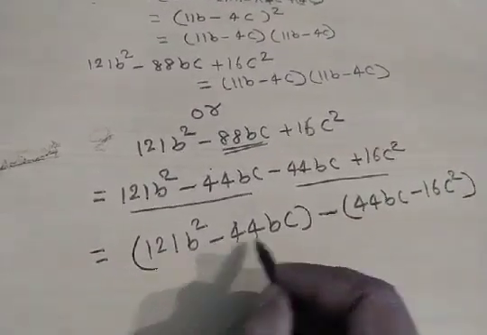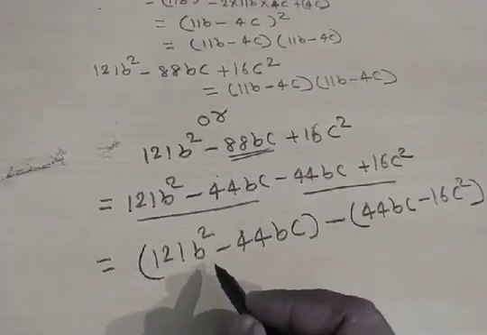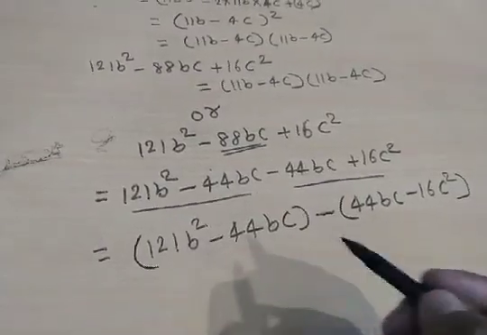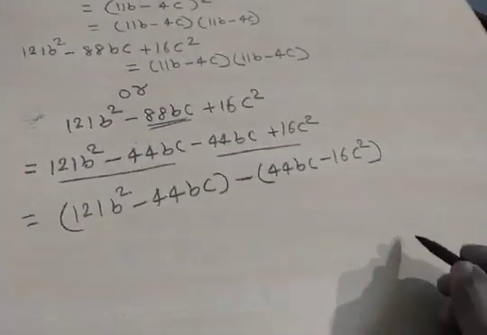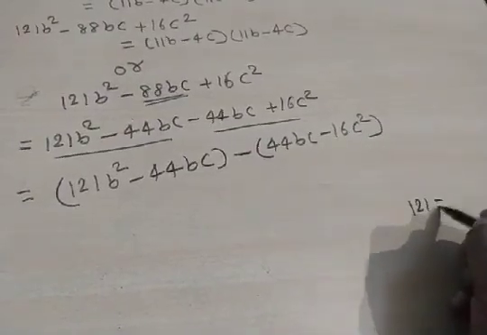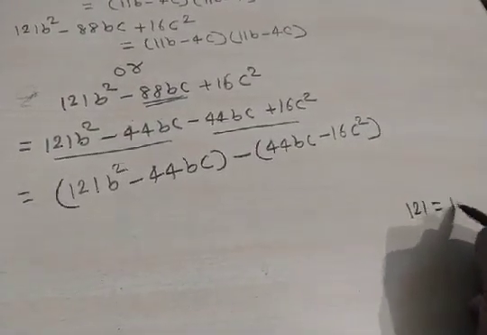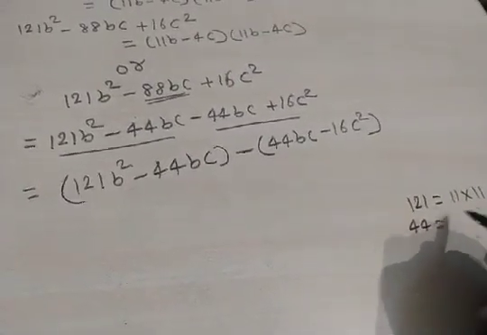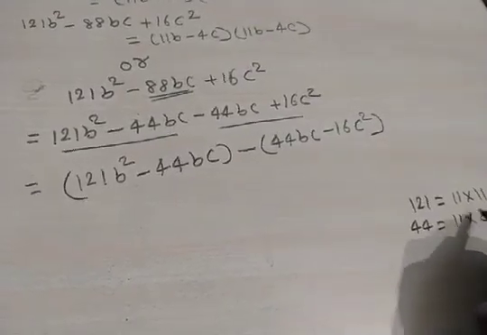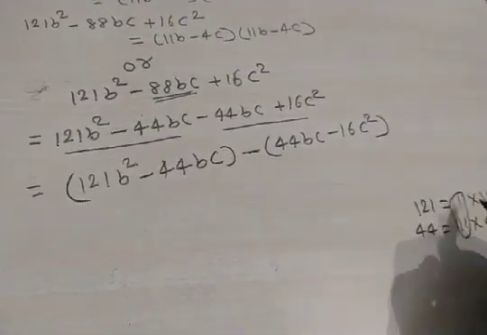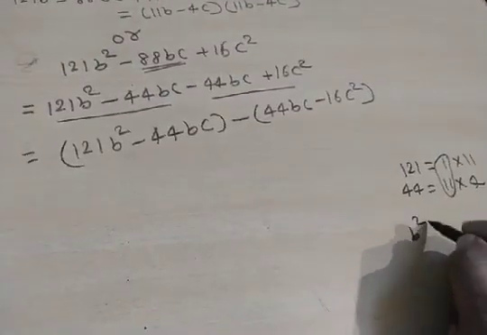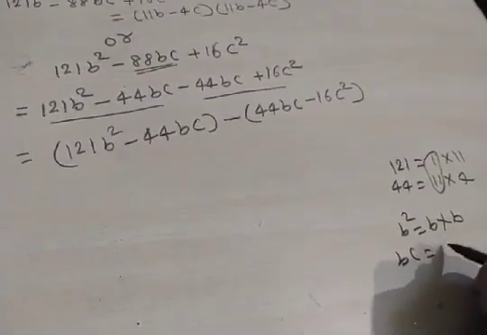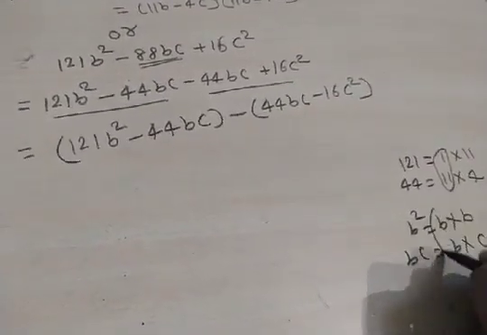So first see here in the first bracket, in the first group, what is common? B is common, clear, and 11 is also common. Because 121 is 11 into 11, and 44 is also 11 into 4. So 11 is common, and B square is B into B, and BC is B into C. So B is also common here.